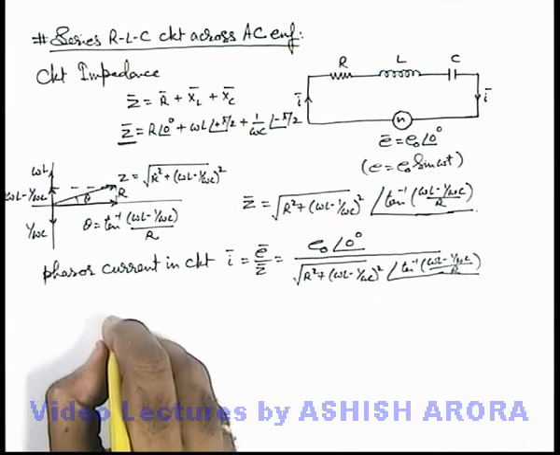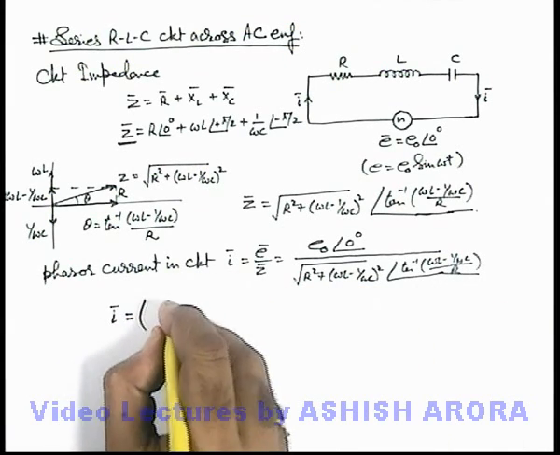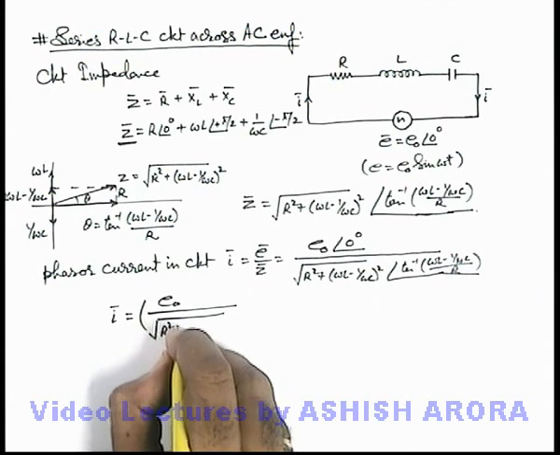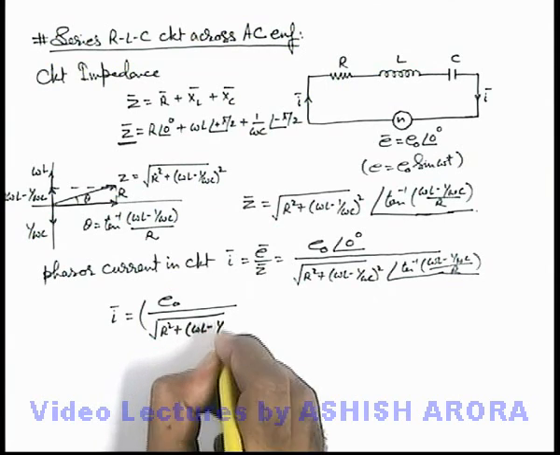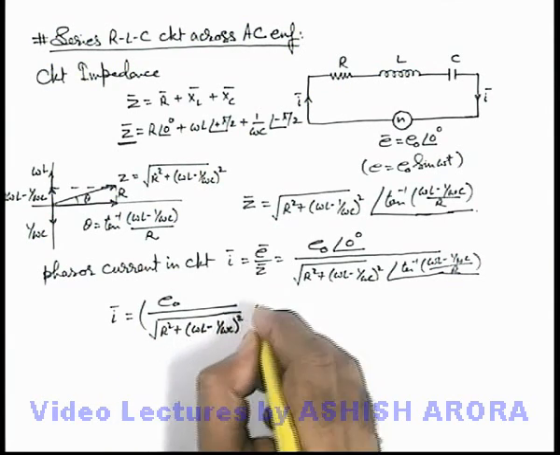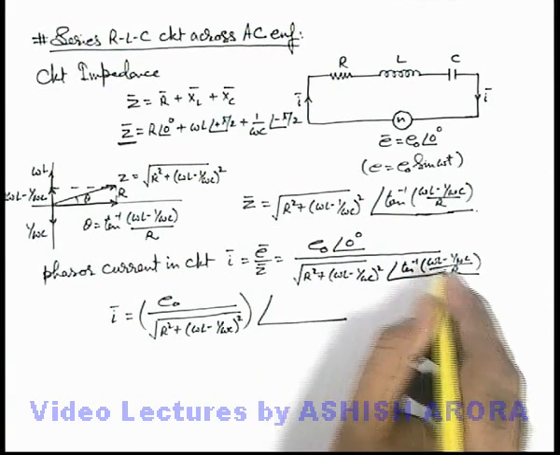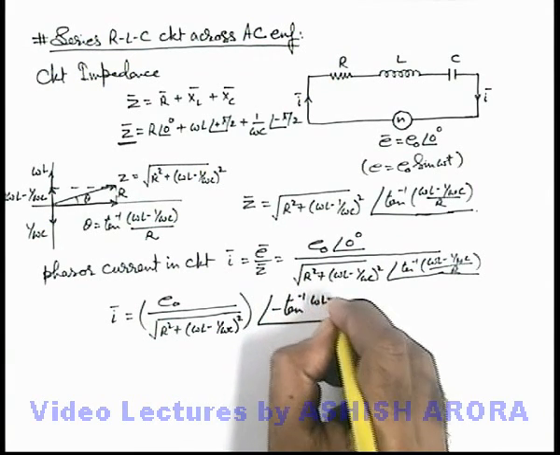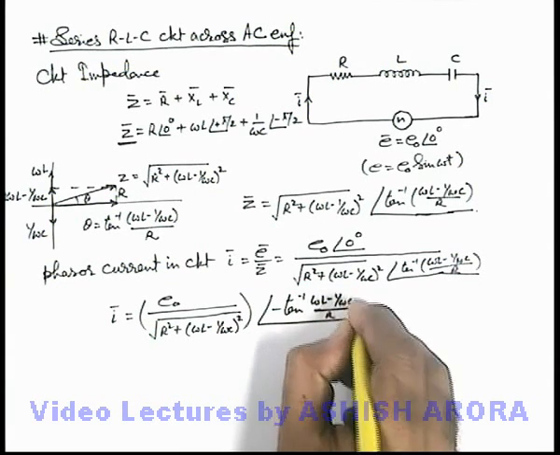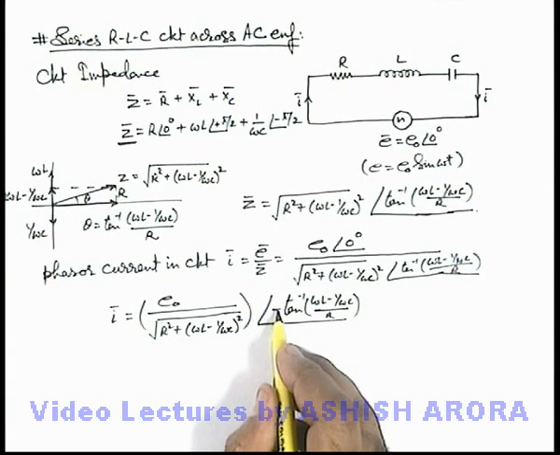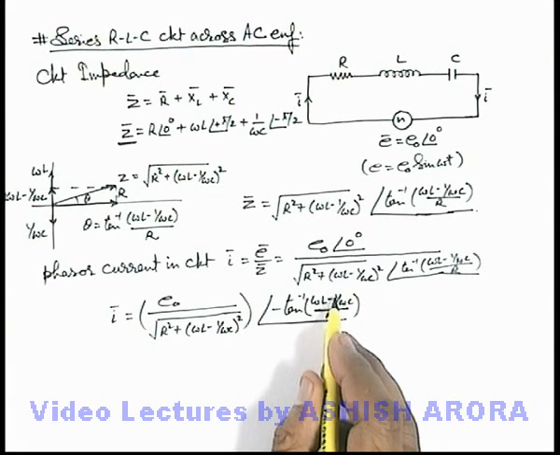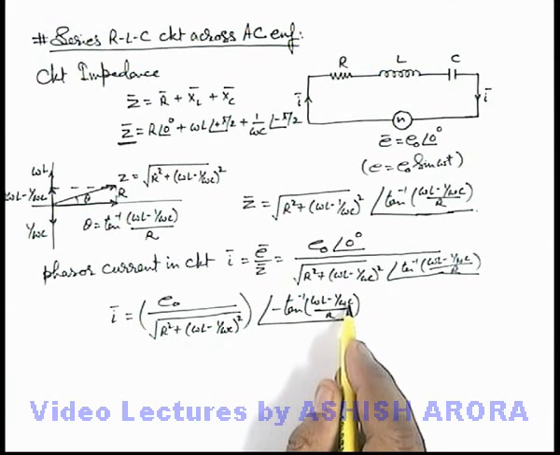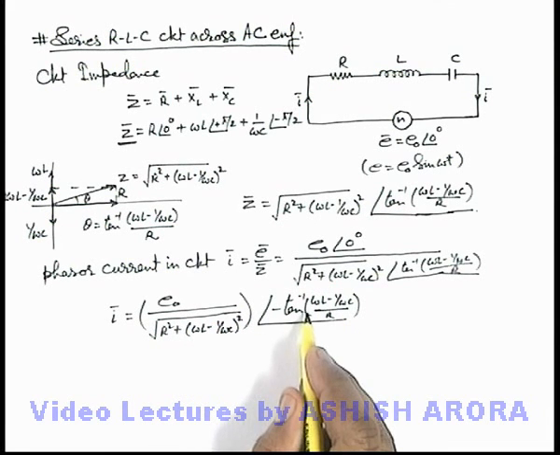Now further simplifying the value of the current phasor, we get in magnitude, which is the peak value of current in the circuit, E0 upon root of R square plus omega L minus 1 by omega C whole square, and its argument is 0 minus of this, we can write it as minus of tan inverse omega L minus 1 by omega C upon R. Here this negative sign can also be taken in and we can write it as 1 by omega C minus omega L. So here we can see if omega L is more than 1 by omega C, current will lag behind EMF.